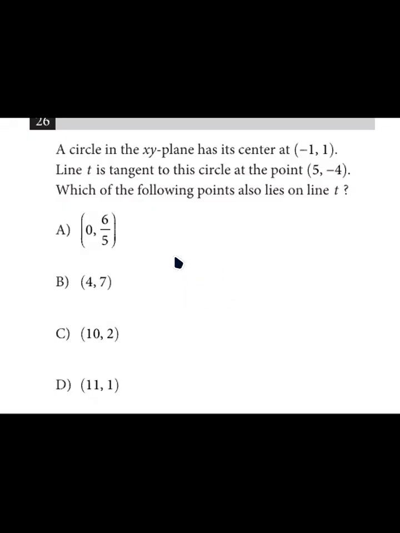So in a graph, that would just be like x, y at negative 1, 1. And there's a tangent point to the circle at the point 5, negative 4. So we go like 5, negative 4, like here approximately.